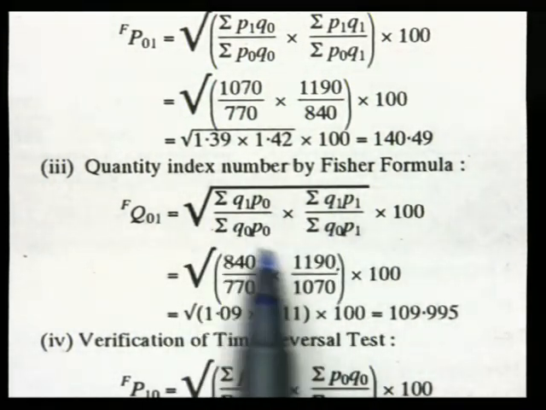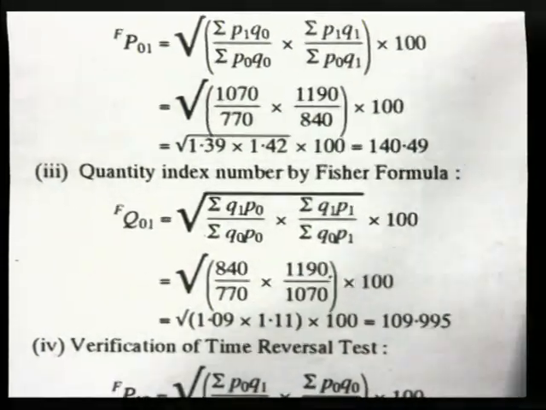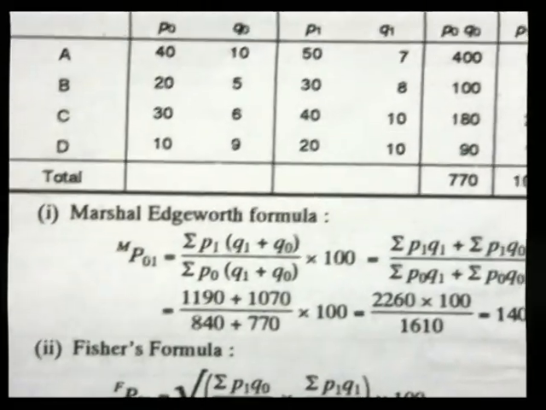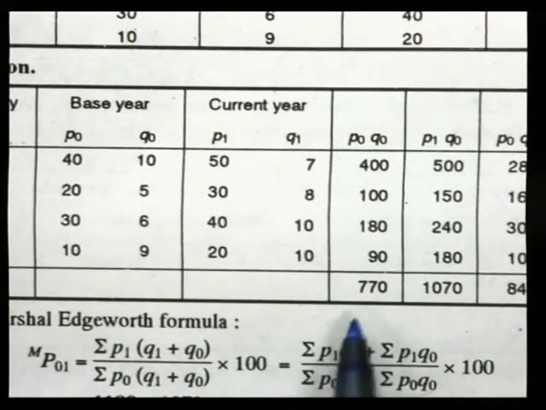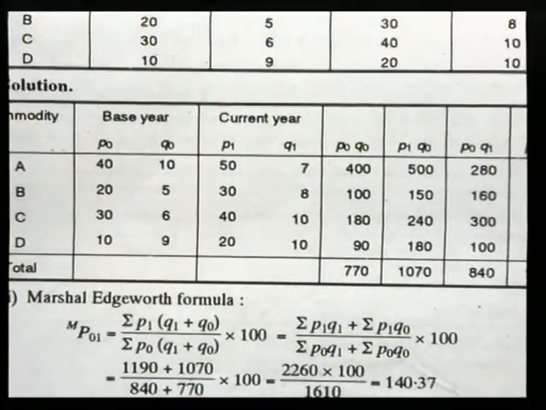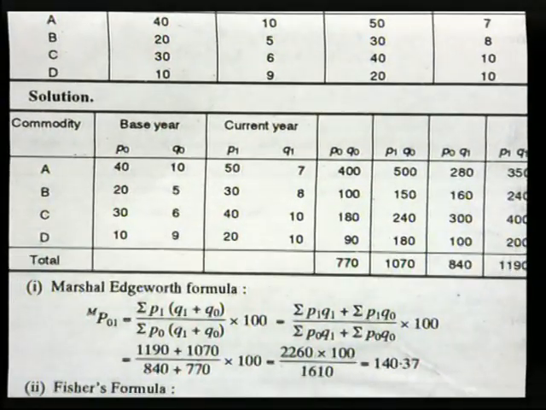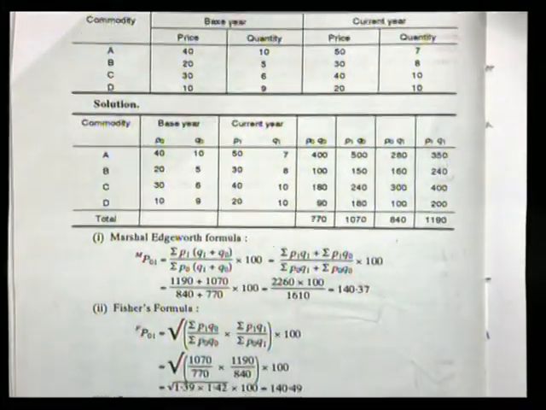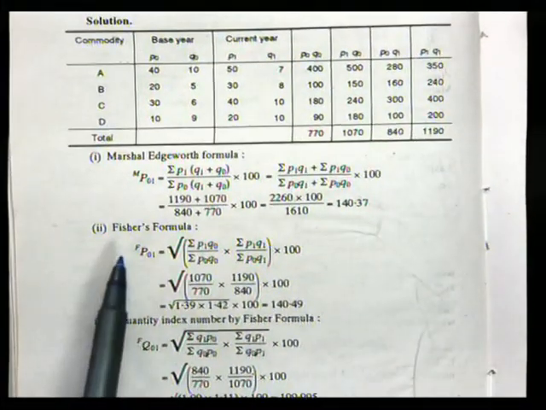Everything is available in the above table. So it is 840 divided by 770 multiplied by 1190 divided by 1070. Find the square root and multiply by 100. The answer is 109.995.